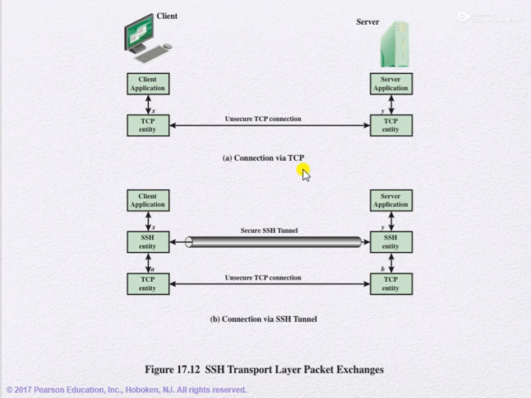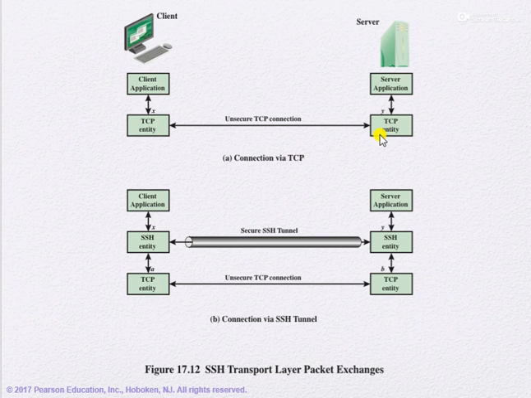Okay, this diagram shows the basic concept behind port forwarding. In a normal TCP connection, when a TCP connection is established, the client chooses its own port on which the client application is running, and here we assume that the client application is running on port number X and the server application is running on port number Y, and the client sends a request to connect to the server application.